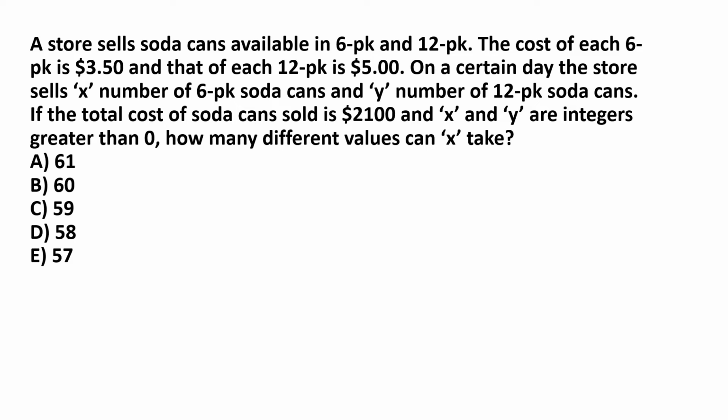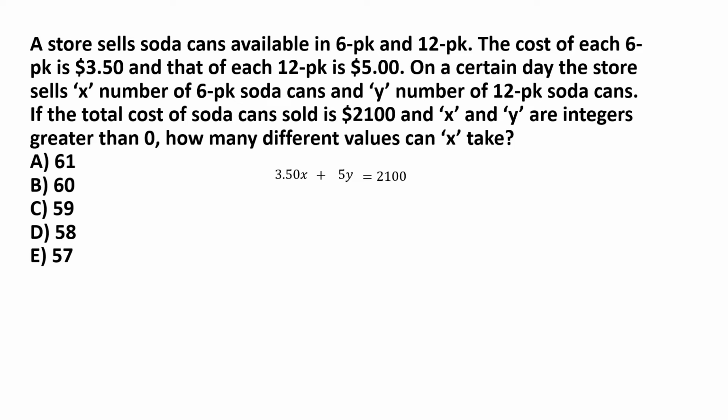So the cost of X number of 6-pack soda cans is simply going to be 3.5 multiplied by X. And similarly, the cost of Y number of 12-pack soda cans, where each 12-pack costs $5, is going to be 5 multiplied by Y. And then if we add these two up, we'll basically get the total cost of soda cans, which is given as $2,100. So we can write this equation: 3.5x plus 5y is equal to 2,100.